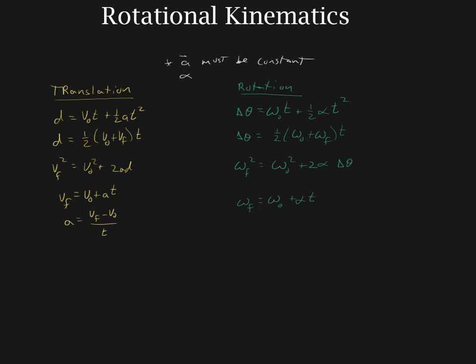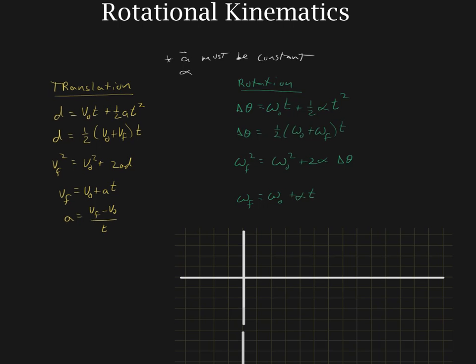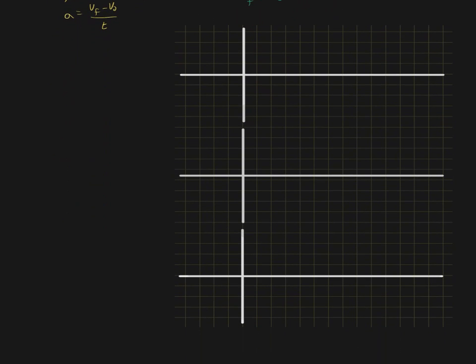Okay, so let's take a look now and just review a little bit of our graphing techniques, just some of our basic properties, because graphing is going to be just as valid and just as important in rotation as it was for translation. It's going to be a way of dealing with acceleration that isn't constant, for example.